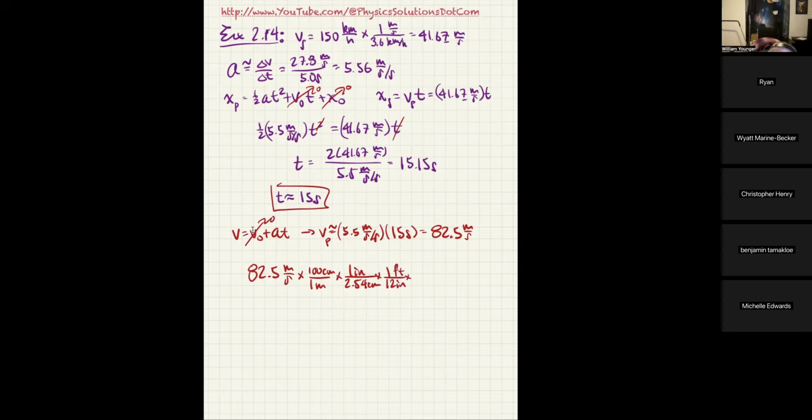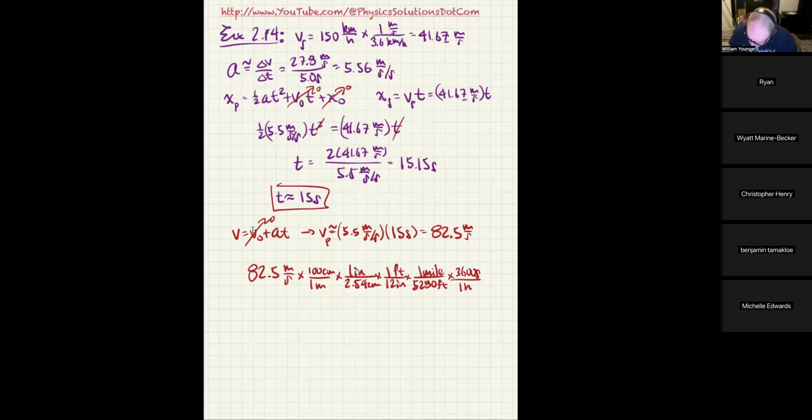And 5,280 feet is equal to 1 mile. So now I've converted it to miles per second. And then I have to do 3,600 seconds is equal to 1 hour, and that converts it to miles per hour. So when I look at this, I'm going to say 82.5 times 1,000, or excuse me, 100.